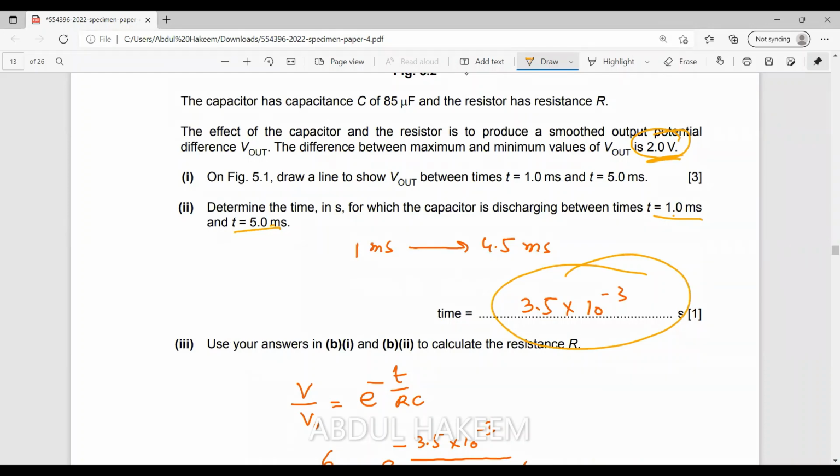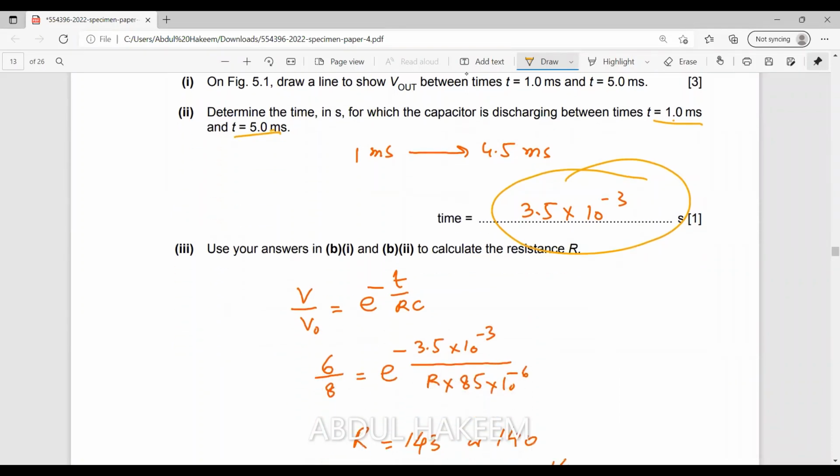Then use the answer in B1 and B2 to calculate the resistance. Looks like the voltage is dropping exponentially. So we will write the exponential graph equation. V over V naught is equal to e power minus t over RC. This is the discharging equation.